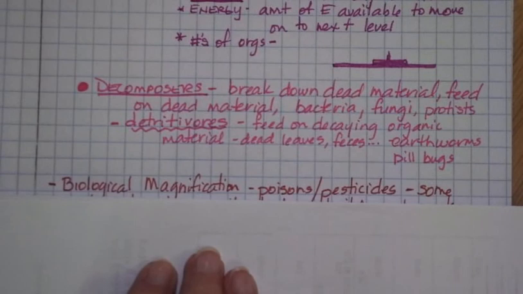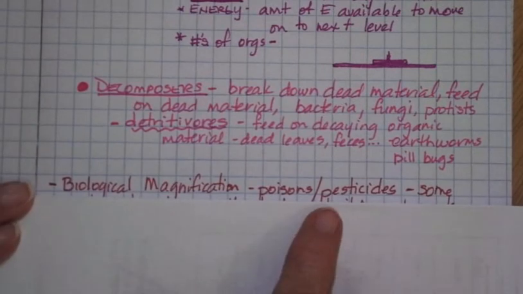So let's keep the numbers low. Let's say we've got 10 grasshoppers, and they each get a little bit of the poison. Well, let's say one bird eats all of those 10 grasshoppers. The amount of poison will be magnified, because what was a little bit in that one grasshopper, you've just multiplied by 10, and that's what goes into the bird's body.